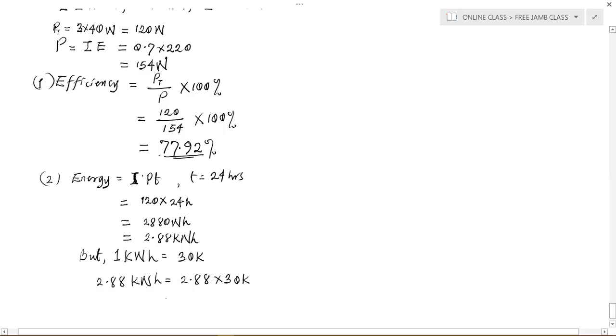Who has computed that? That would be 28.8 times 3. Who has done that? Nobody. 86.4 kobo.